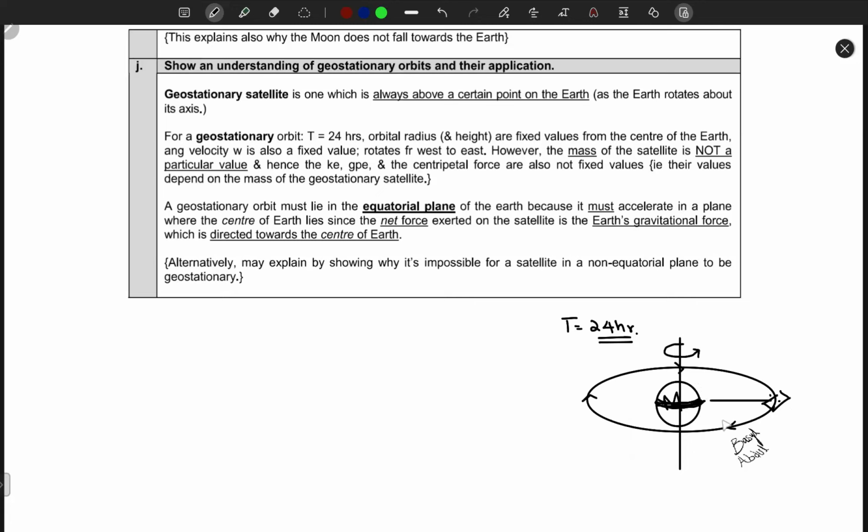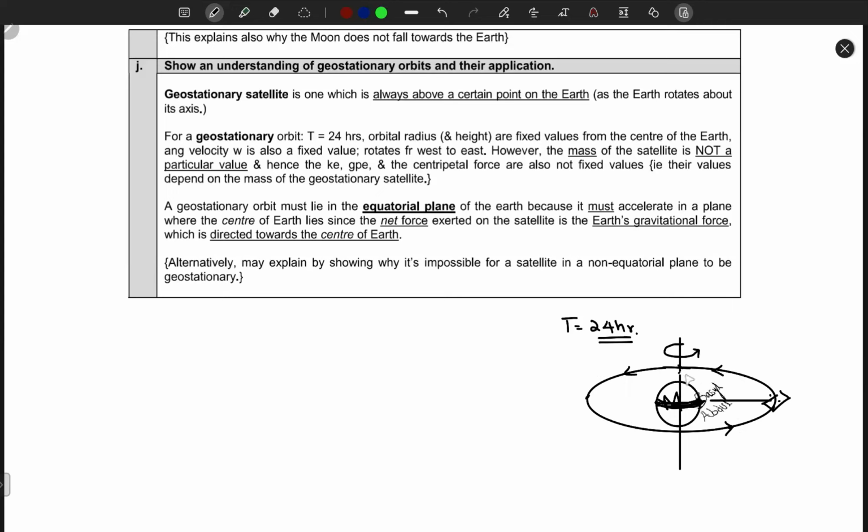What I have drawn over here is that the satellite is orbiting the other way, so let's change that for a minute. It would be orbiting in this direction, in the direction of the rotation of the Earth.